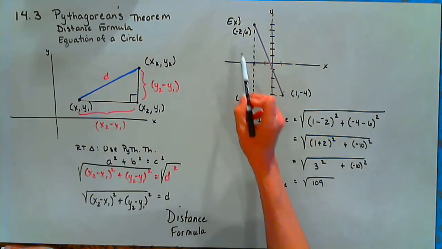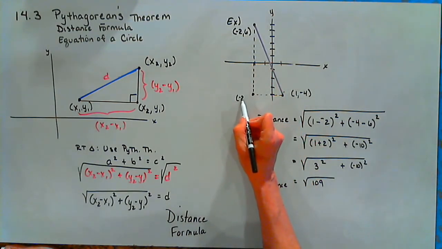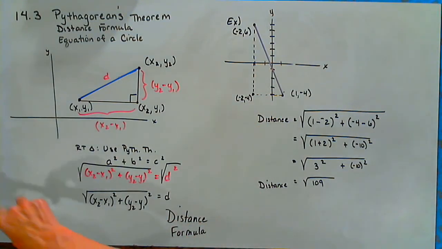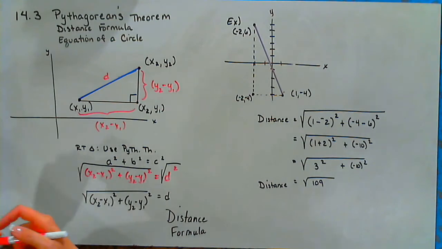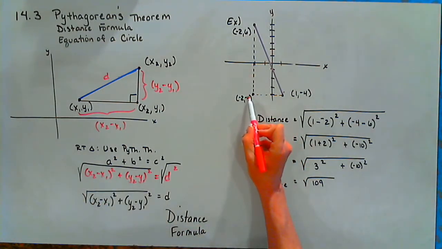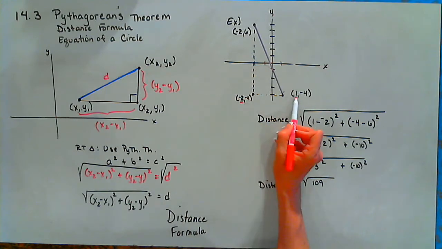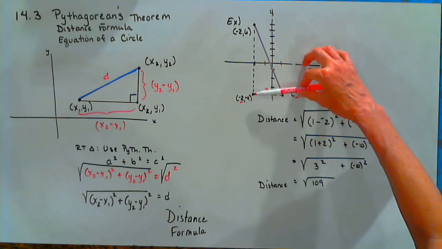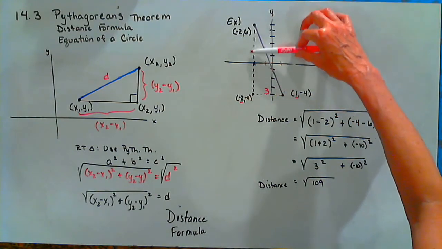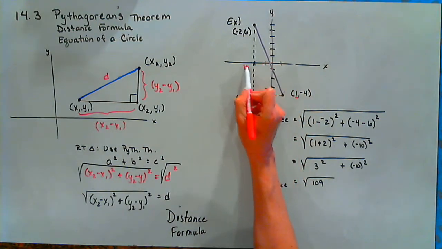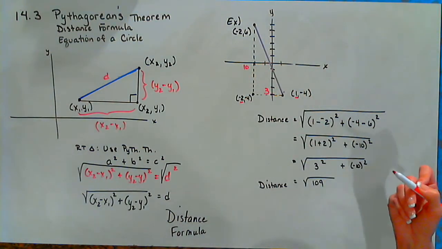I went left 2, down 4. So I'll get a student who will logically deduce that, look, they can just count. And they can tell me that from -2 to +1 is 3 units. And in the y direction, from -4 to +6 is 10 units.